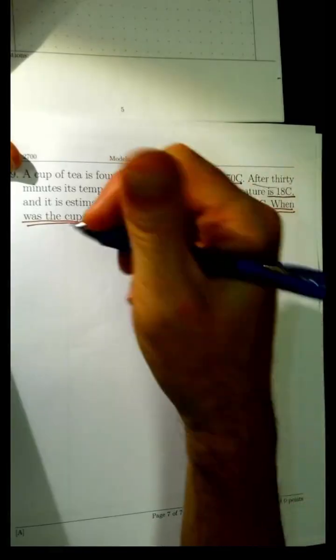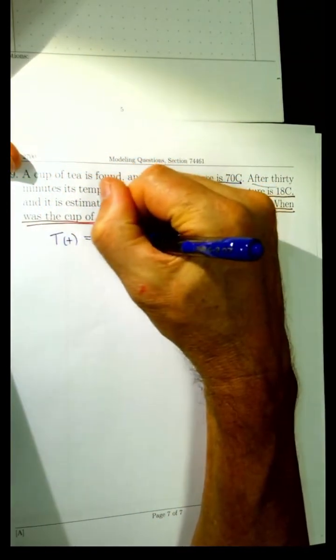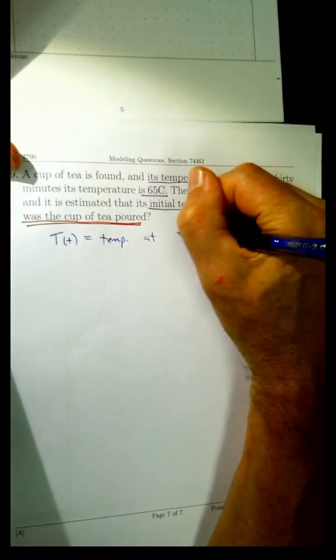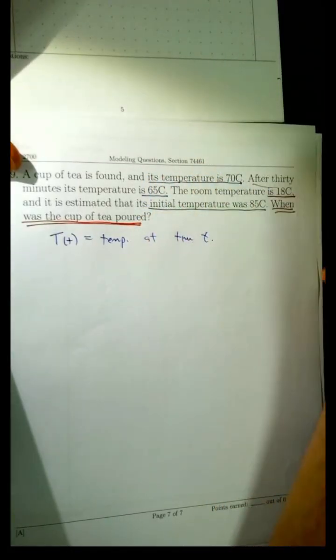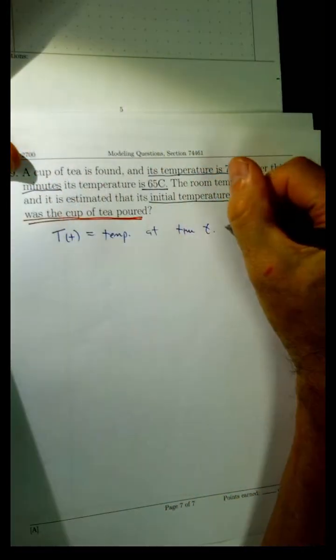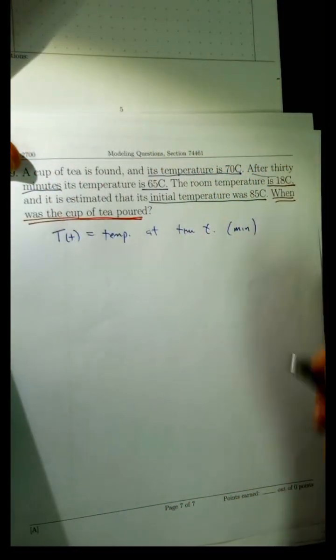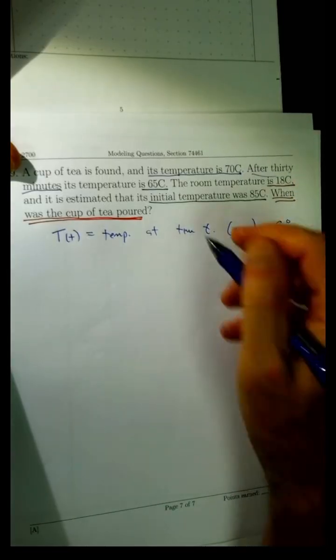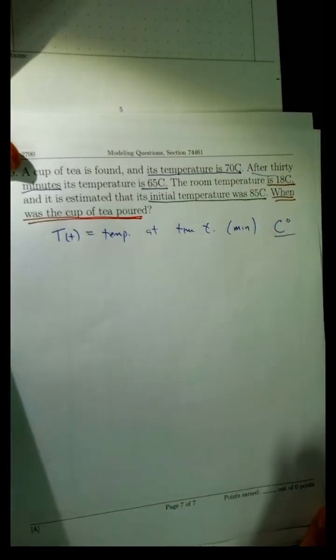What do we know? We know that capital T is going to be the temperature at time t, and we are working in minutes for time and Celsius for temperature.